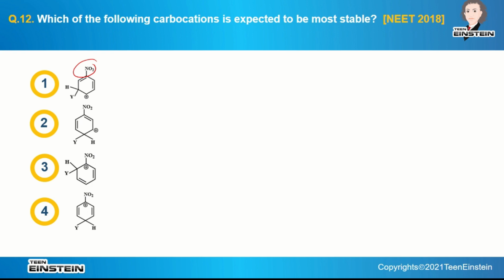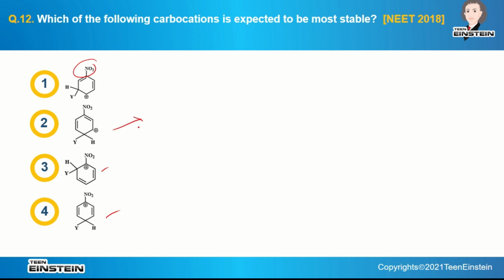So as we can see, options 3 and option 4 are highly unstable. So in option B, here after resonance also the carbocation formed is directly attached to the nitro group, so it is also unstable.